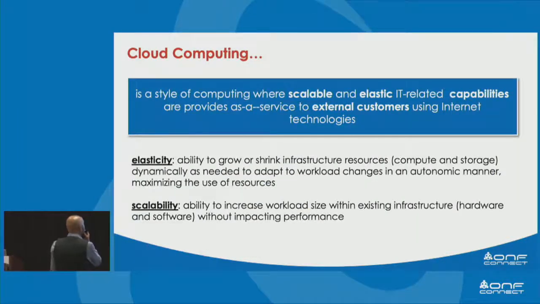So by definition, cloud computing is a style of computing where scalable and elastic IT-related capabilities are provided as a service using internet technologies. Here, elasticity, you all know this, is the ability to grow and shrink the resources dynamically as necessary. And scalability is the ability to increase workload size.